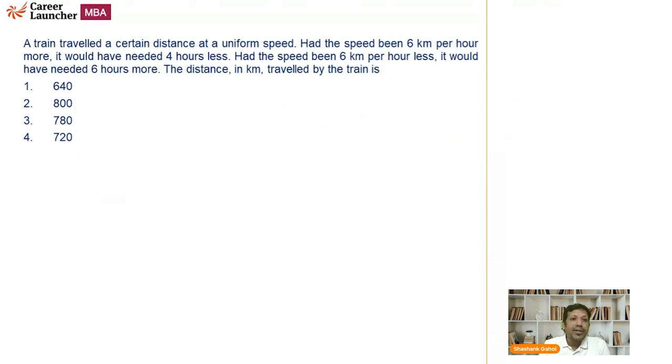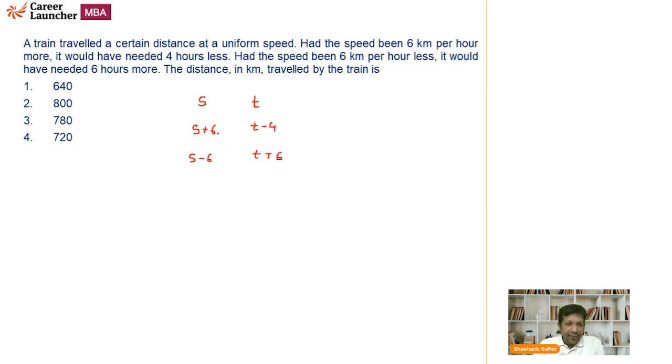A train traveled a certain distance at a uniform speed. Okay, so let's say the speed of the train is s and it takes t time. Had the speed been 6 km per hour more, so if speed is s plus 6, it would have taken this. Okay, had the speed been 6 km per hour less, then the time would have been 6 hours more.